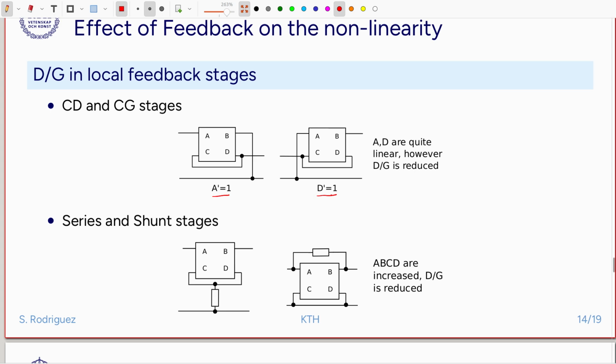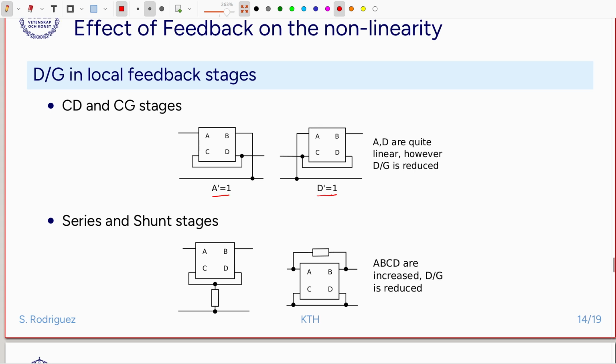The total differential error to gain ratio is reduced, meaning that their contribution to the loop gain is reduced, and then they are not optimal to be used as an output stage. So we don't say that we cannot use these stages as output stage. It is just that the linearity will be affected.